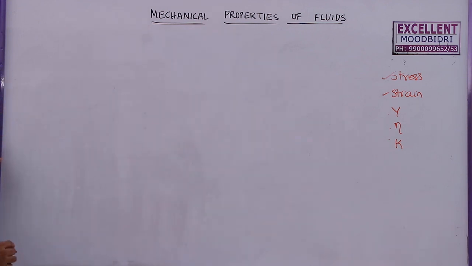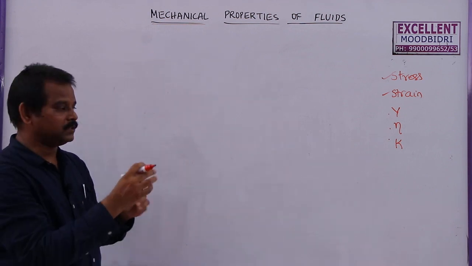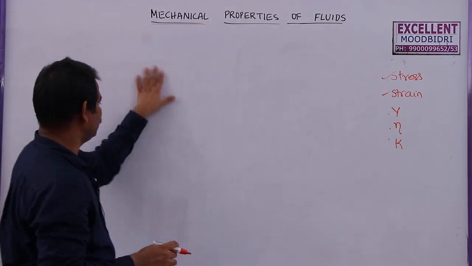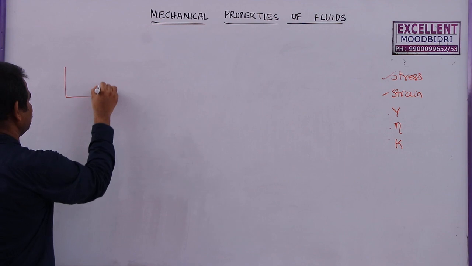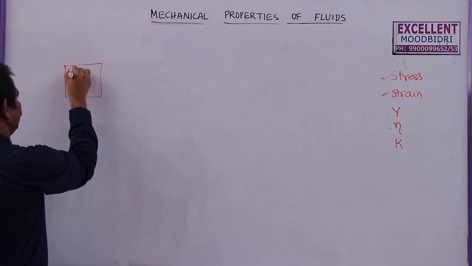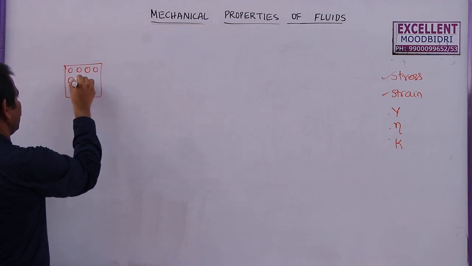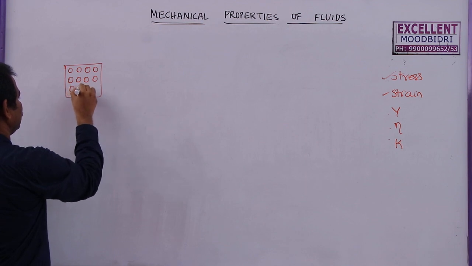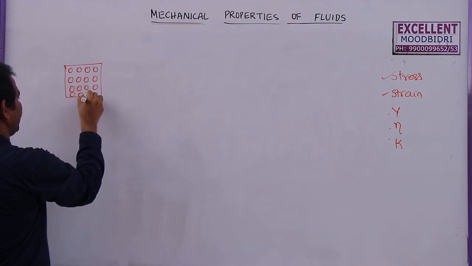Now first of all, to study about the mechanical properties of fluids, we should know the difference between a solid and a fluid. So in a solid, we know the molecules are fixed and they are packed tightly.